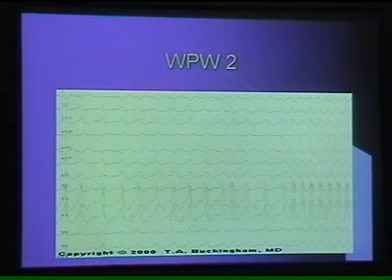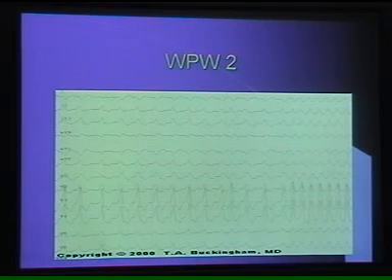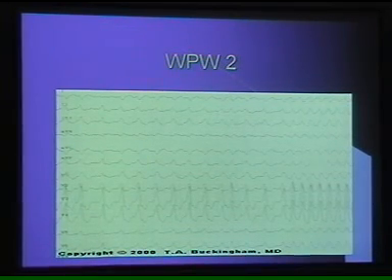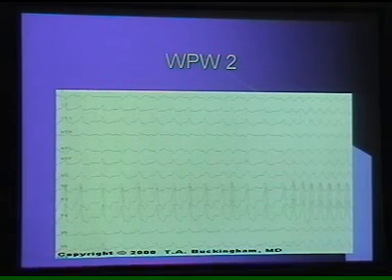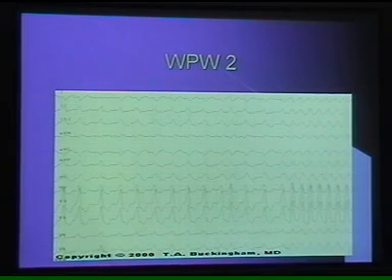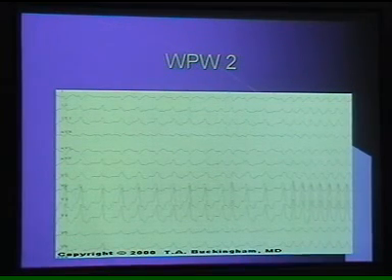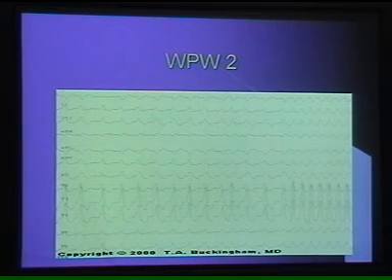The other important thing is that in Wolff-Parkinson-White syndrome, there may even be supraventricular tachycardias, but that will look like a ventricular tachycardia. Because of the abnormal communication, the QRS broadens and it looks like a broad QRS complex tachycardia, which is typical of a ventricular tachycardia.